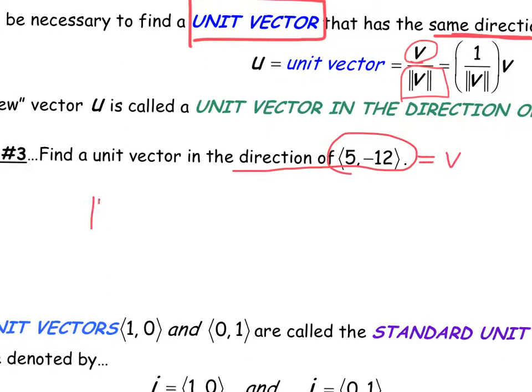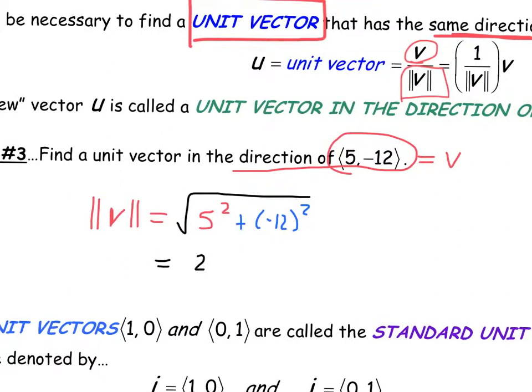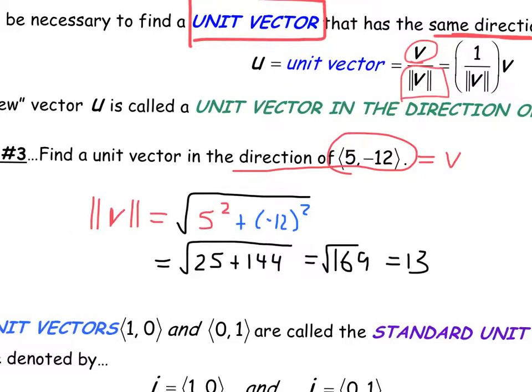So when I am finding the magnitude of v, remember I take the 5 and I square it. I take the -12 and I square it. And some of you may recognize this is a Pythagorean triple. So what's going to be my result? 25 plus 144, square root. 169, radical, so 13 is my magnitude.